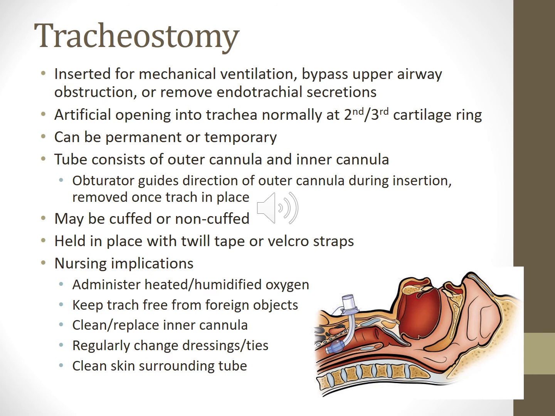It can be permanent or temporary. The tube consists of an outer cannula and an inner cannula. There's an obturator that guides the direction of the outer cannula during insertion. Again, this can be cuffed or non-cuffed, but it's held in place with a Velcro strap or tape.